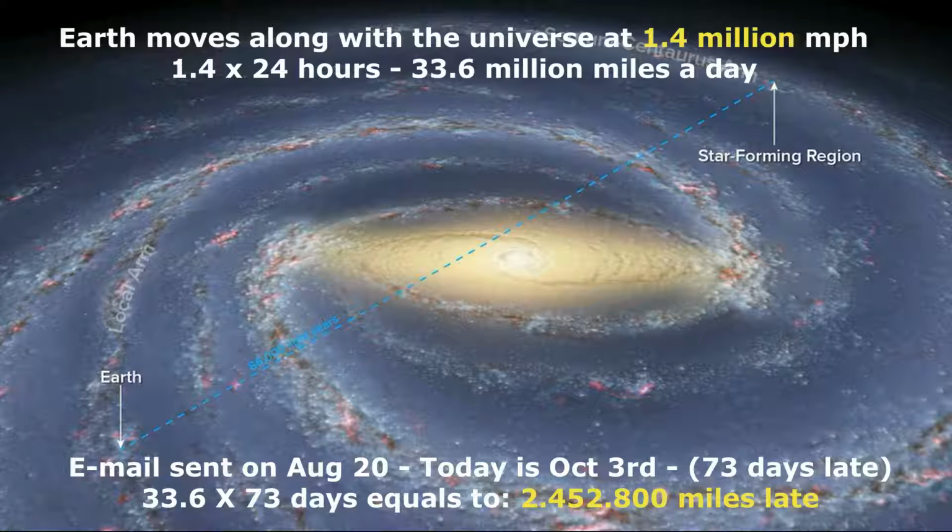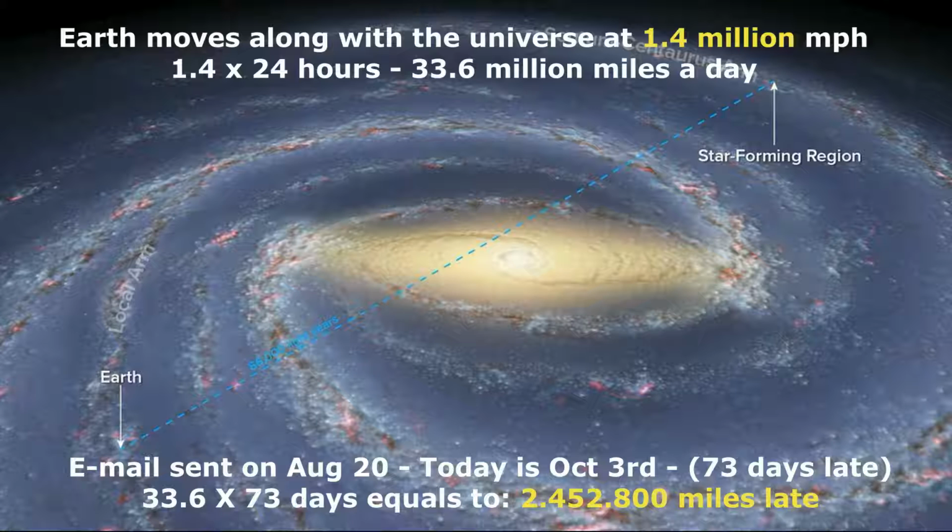So now you do the math: 33.6 million miles a day times 73 days equals 2,452,800 miles late. So it's crazy to say I'm 5 kilometers late or 10 kilometers late.